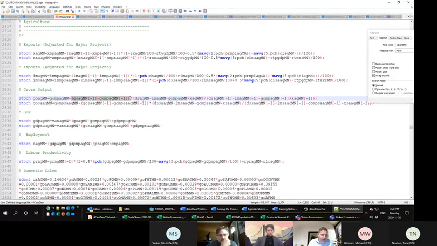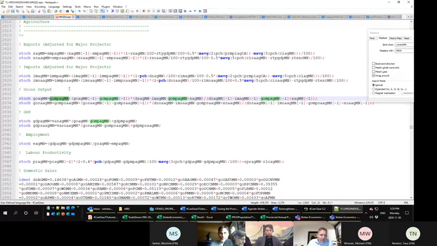If you look at the brackets, we're taking what you'd call base gross output, excluding projects, and then growing it with your domestic sales, less your imports, plus your exports, and again taking the major projects out of there. So that's basically your final demand numbers. This is just taking the current year over the lag on all the same variables. That drives your gross output equation right there.